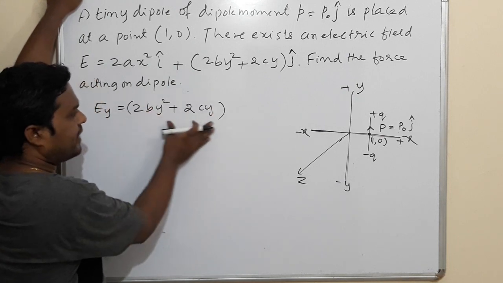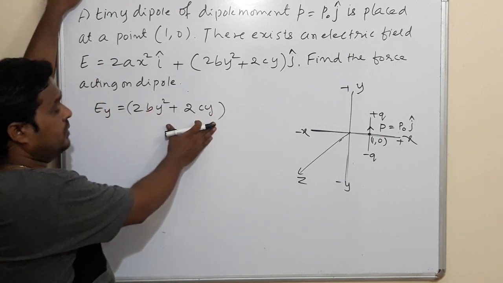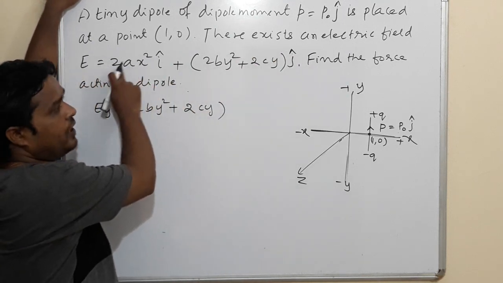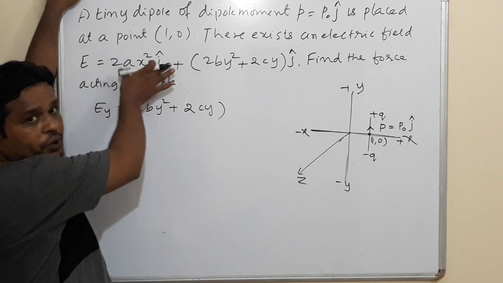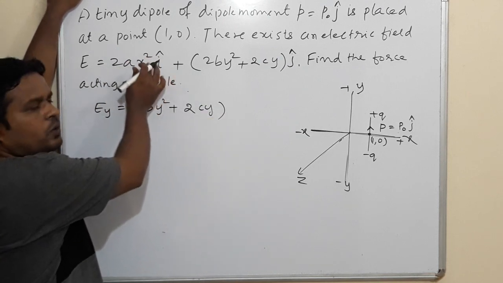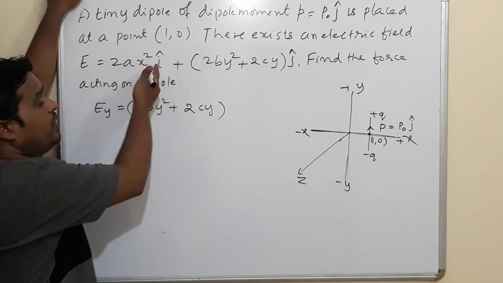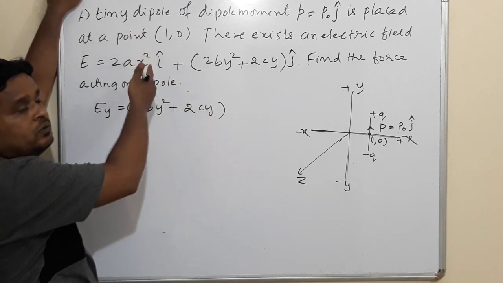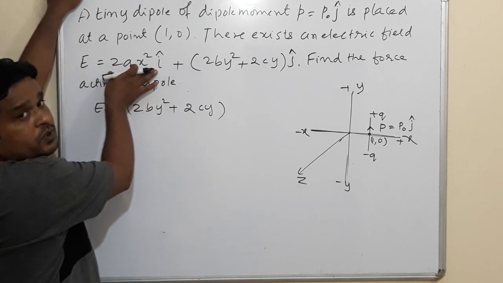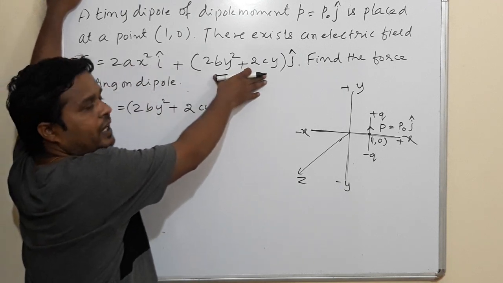This is the electric field along the y direction. This is along the x direction. The y coordinate is not here, so don't take this. If the y coordinate is here, then I have to take this also, because the electric field will be varying along the y axis and x axis. Here this component depends on x, this component depends on y.